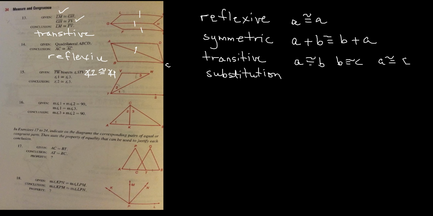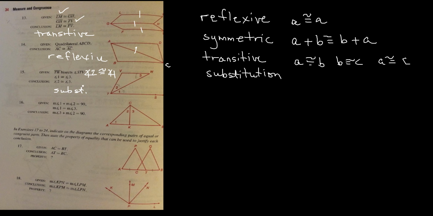So this is the same thing. If 1 is congruent to 2 and 1 is congruent to 3, then 2 is congruent to 3. Well, this is substitution. You can get away with transitive for this as well, but since 2 is congruent to 1, you can substitute, instead of the 1, you can put in the 3 here.